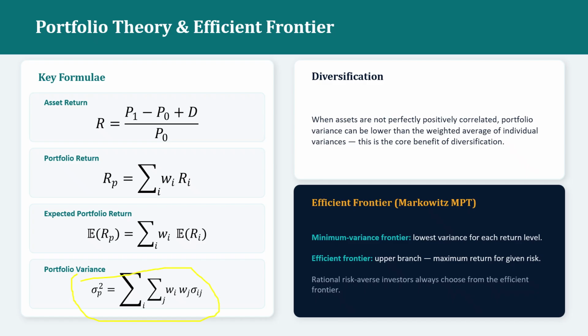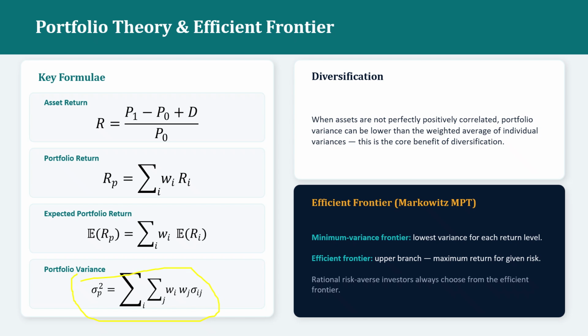Now, this formula looks very heavy, but the intuition is simple. If two assets move very differently, say when one goes up, the other often goes down, then holding both together can reduce the overall volatility of your portfolio.